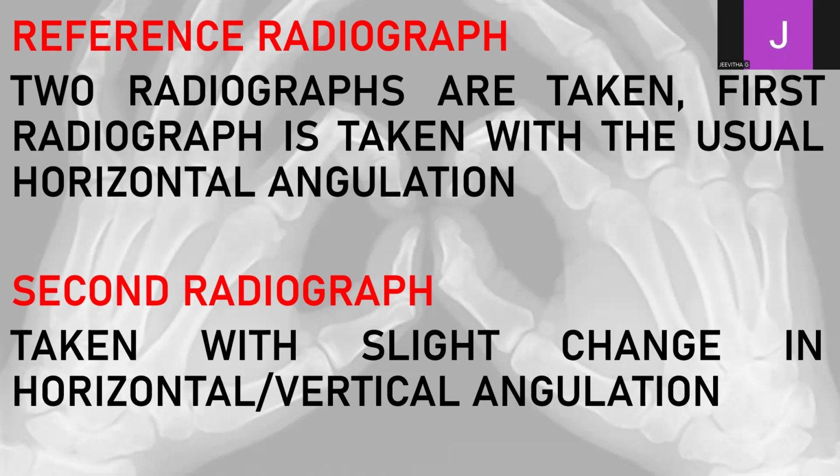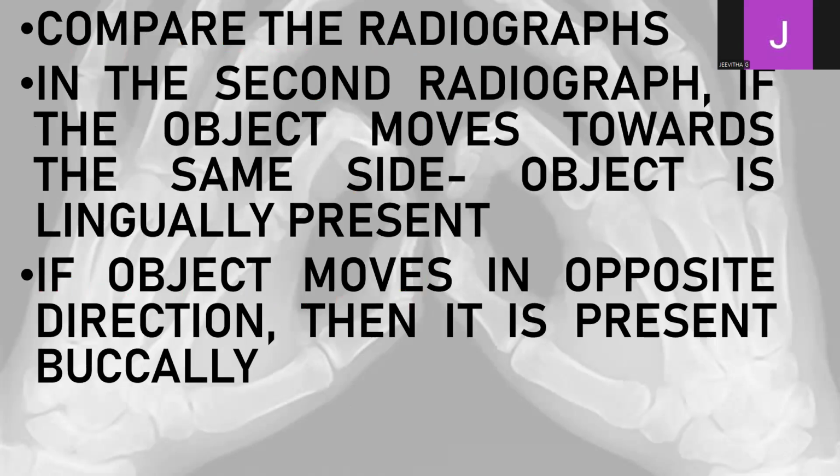And the second radiograph will definitely be taken with a mild change in the horizontal or vertical angulation to make sure that it is not the exact reproduction of the first image. It has to be mildly different so that we find out the different distances between the surrounding, adjacent structures, all of which can be noticed in this second radiograph.